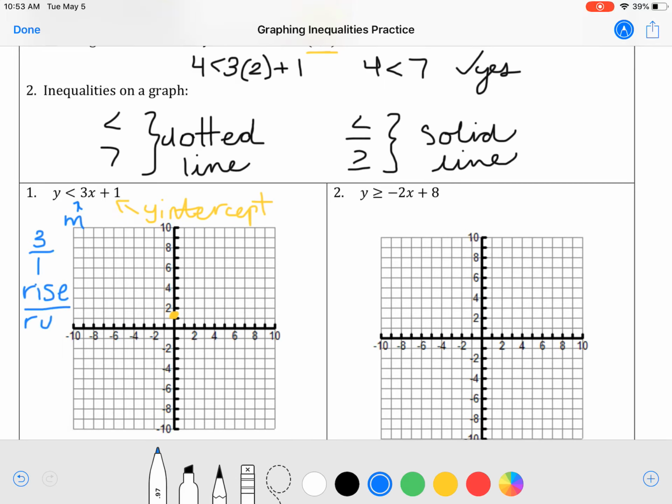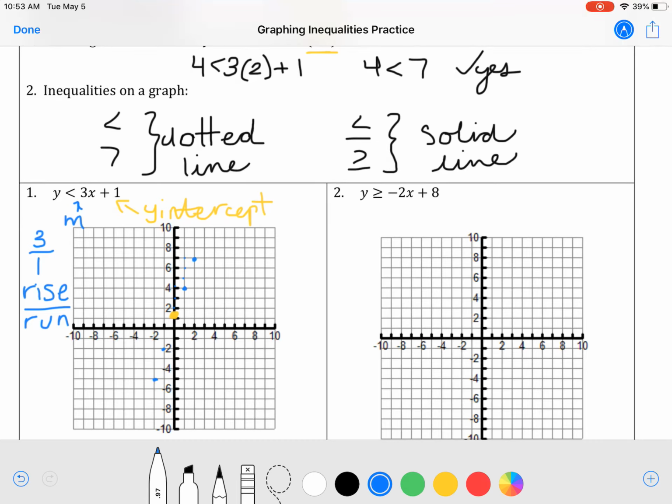So when I talk about rise, I'm going up. So I'm going to start by going up 3, 1, 2, 3, and over 1. And there's my first point. I'm going to go up 3, 1, 2, 3, over 1. Rise over run. You can make a couple other points if you want. I know that most of you have this down by now. And I have my points on my graph.